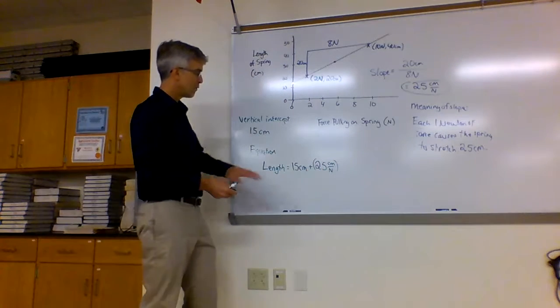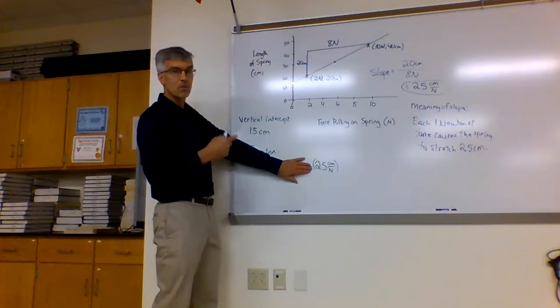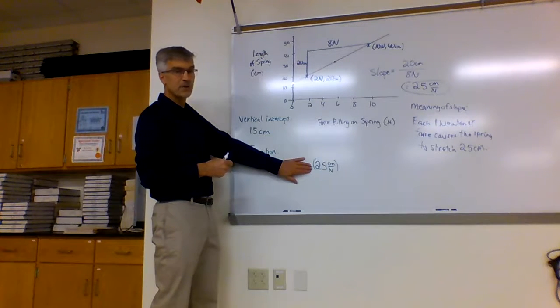All right, now if I just look at that slope, if I multiply 2.5 centimeters per newton times 1 newton, it'll tell us how much the spring will stretch if I apply 1 newton of force.